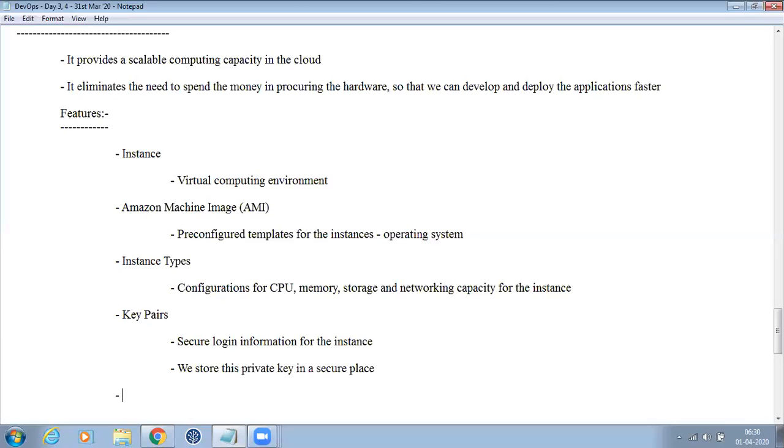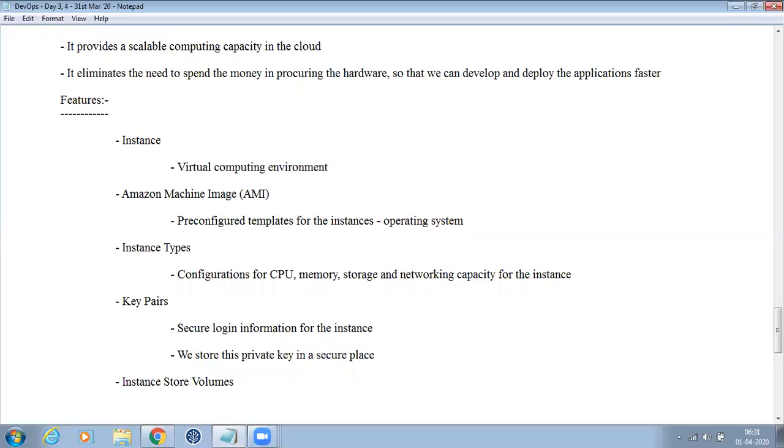we have instance store volumes. What is this?